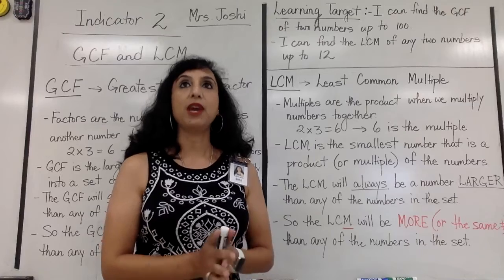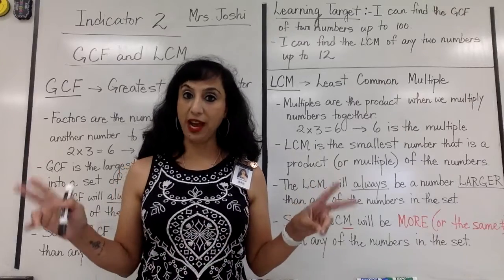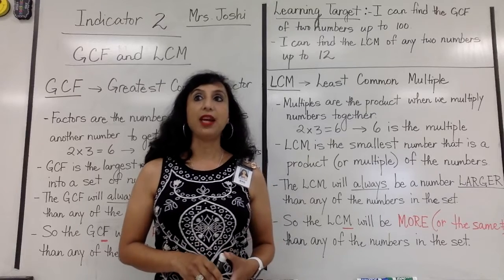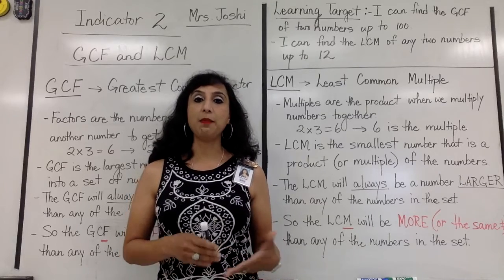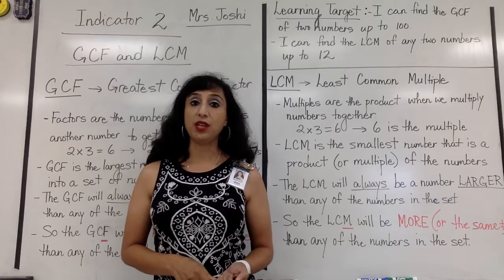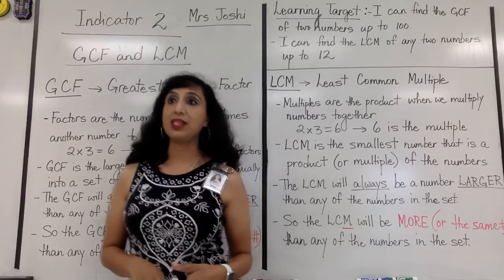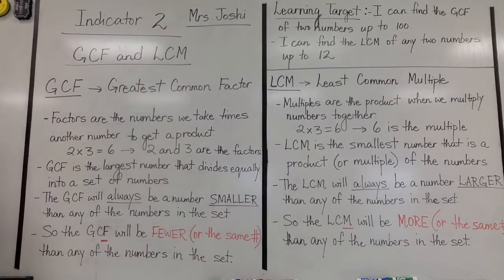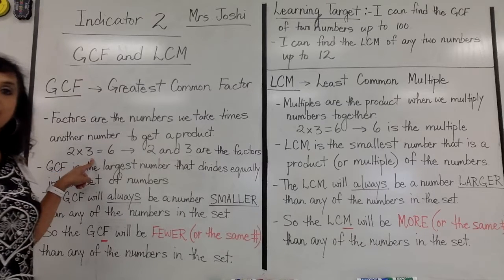If I'm saying greatest common factor, the key word over there is factor, and a factor is basically the two numbers that you are multiplying in order to get a product. So if I say 2 times 3 is equal to 6, the 2 and the 3 are the factors that gave me 6.